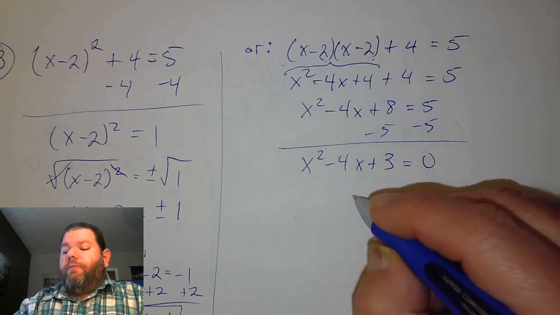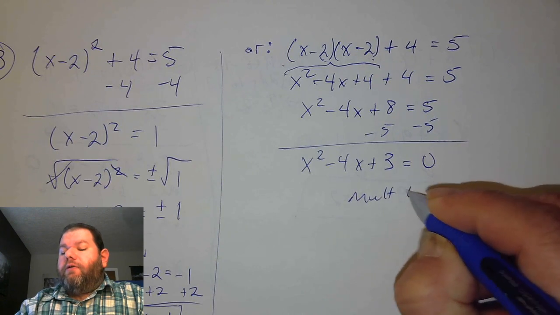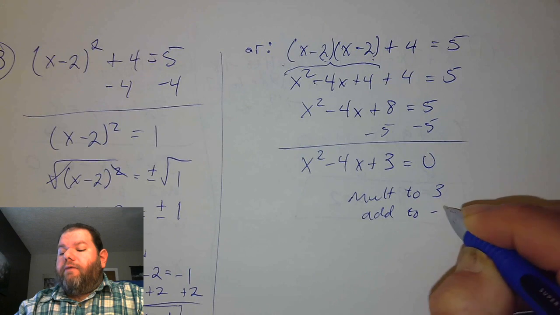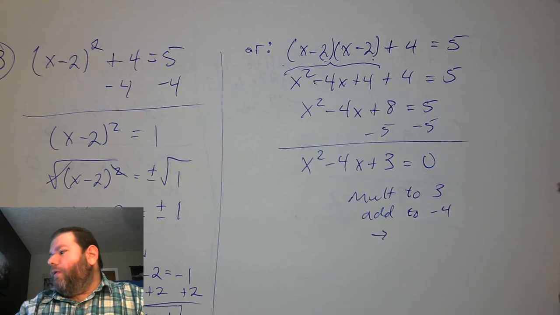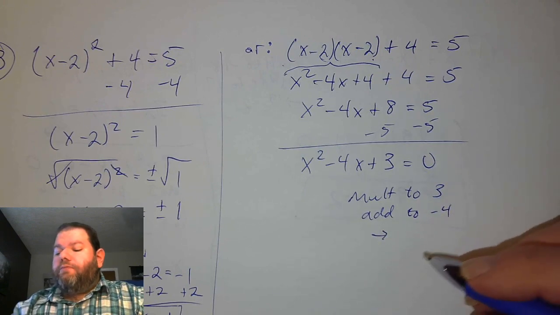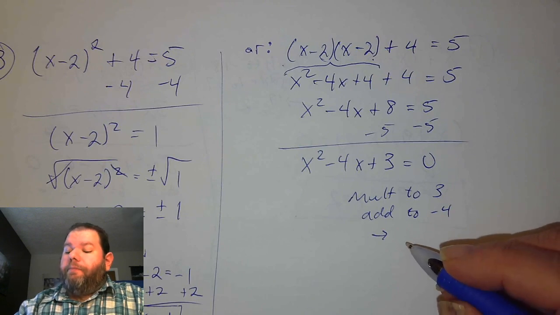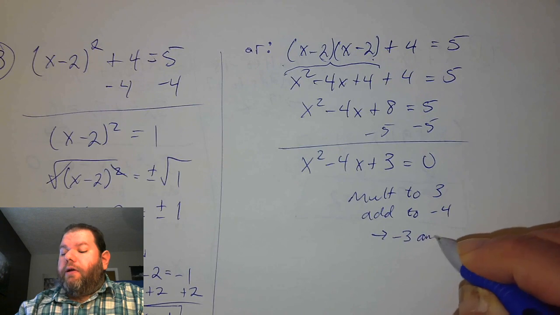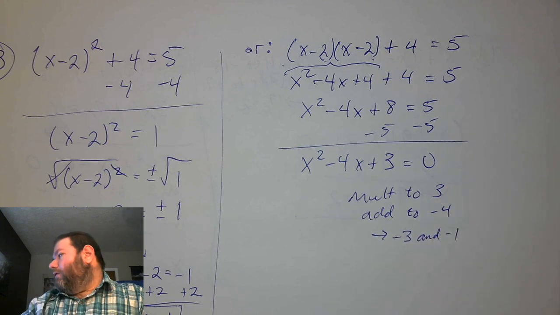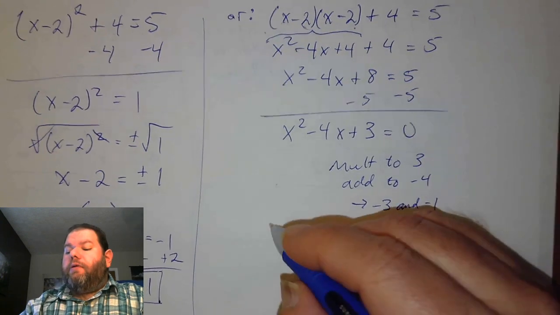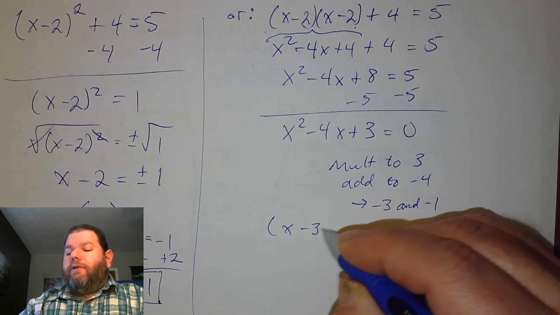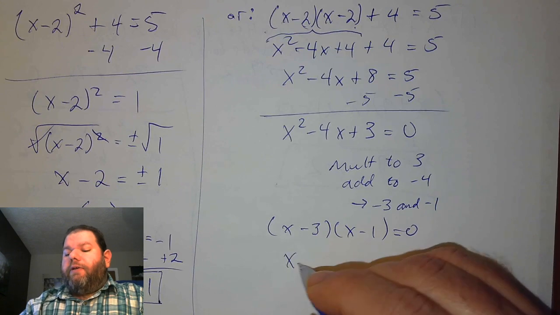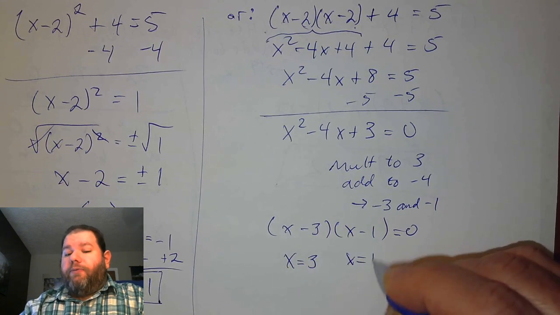So we think of, okay, what multiplies to 3 and adds to negative 4? And that will be, what is it, negative 3 and negative 1? So x minus 3 times x minus 1, and we get x equals 3 and x equals 1.